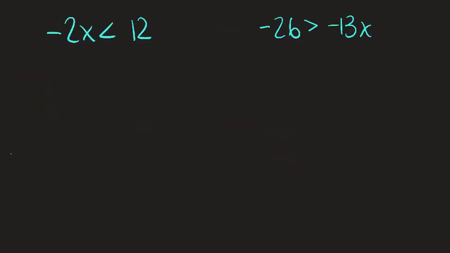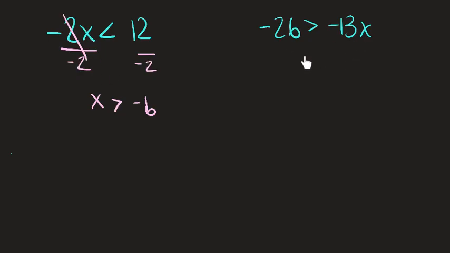All right, let's look at these two questions. We're going to be dividing, and if we ever divide by a negative, then when I write my final answer, I have to reverse from less than to greater than. But that's only if I multiply or divide by a negative.